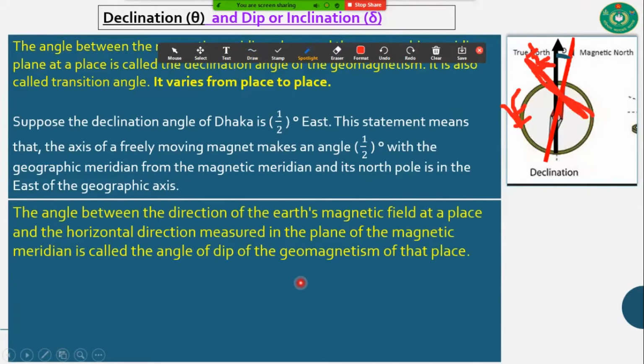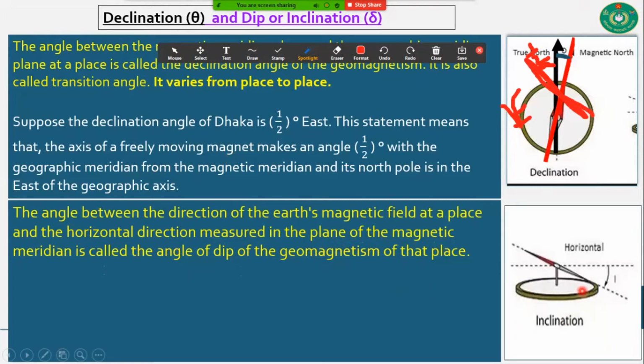Now, angle of dip or inclination: the angle between the direction of the Earth's magnetic field at a place and the horizontal direction, measured in the plane of the magnetic meridian, is called the angle of dip of the geomagnetism of that place. Here, this is our horizontal axis.